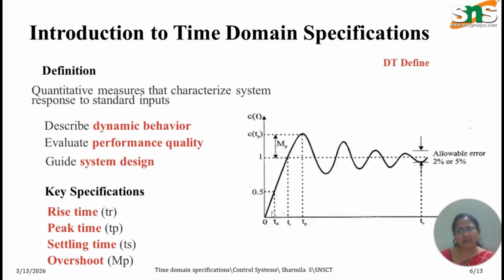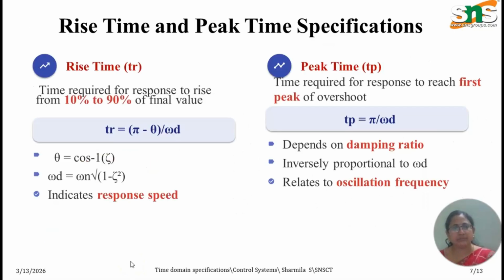The key parameters are rise time, peak time, settling time, and overshoot. Rise time is represented as Tr, peak time as Tp, settling time as Ts, and overshoot as Mp.